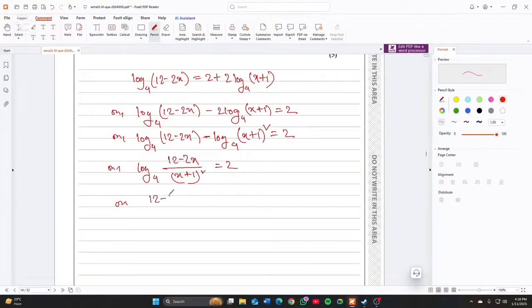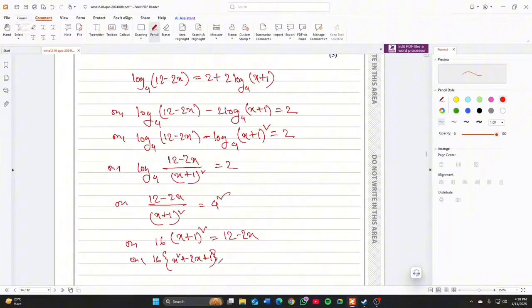So 12 minus 2x over x plus 1 whole square becomes 4 square, or 16. 16 times x plus 1 whole square is equal to 12 minus 2x, or 16 times x square plus 2x plus 1 equals 12 minus 2x.